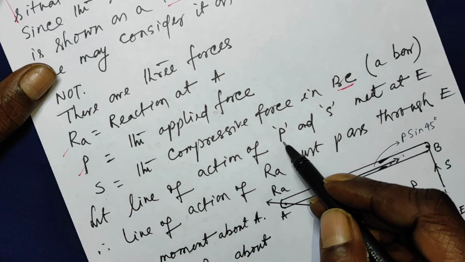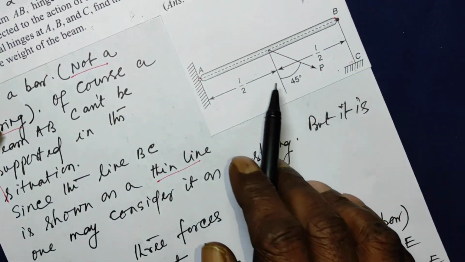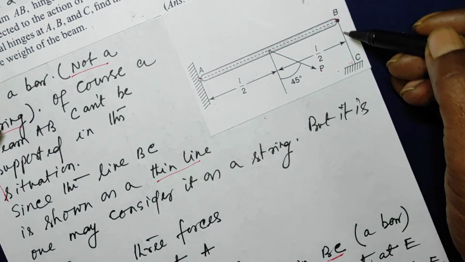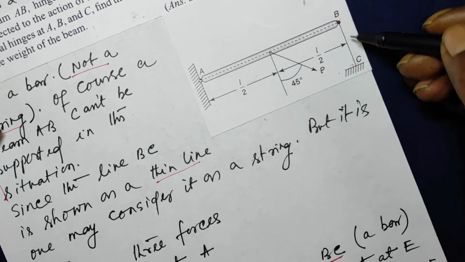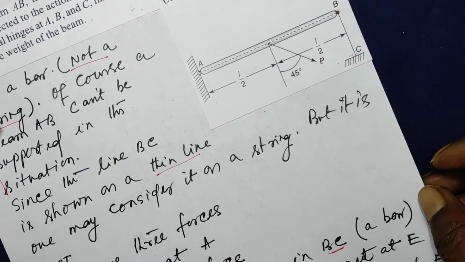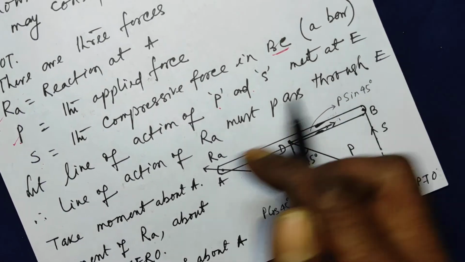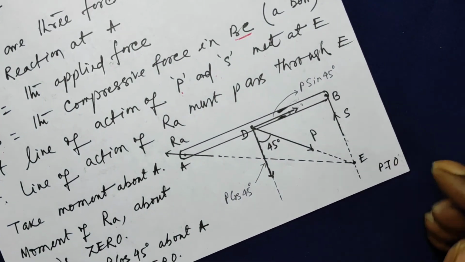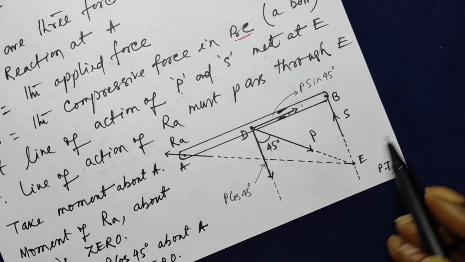Let the lines of action of P and S be produced. This is the line of action of P, and this is the line of action of the compressive force developed in the bar BC. When produced, they meet at a point E. That I have shown here. The line of action of P is shown dotted here.